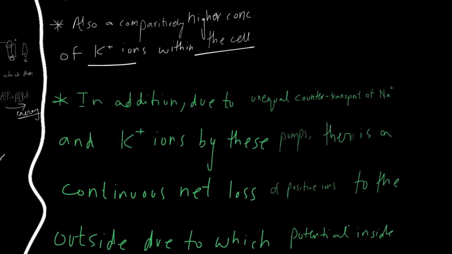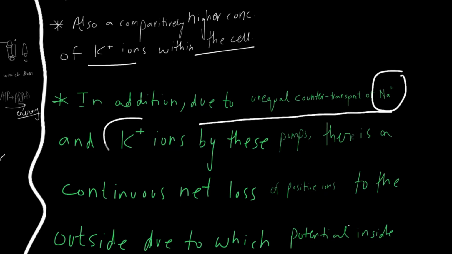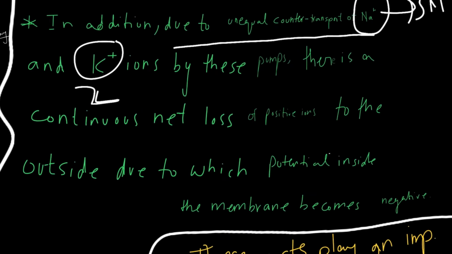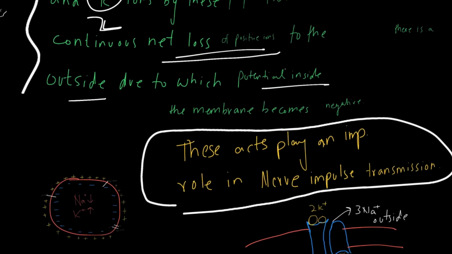Alongside that, due to this unequal transport of Na+ and K+ ions by these pumps, for example 3 Na go out of the cell and 2 potassium ions come into the cell. Because 3 are going out, there is a continuous net loss of positive ions to the outside, due to which the potential inside the cell membrane becomes negative.